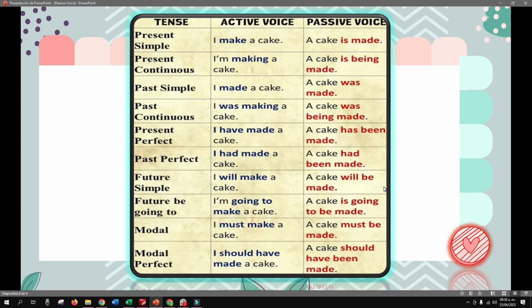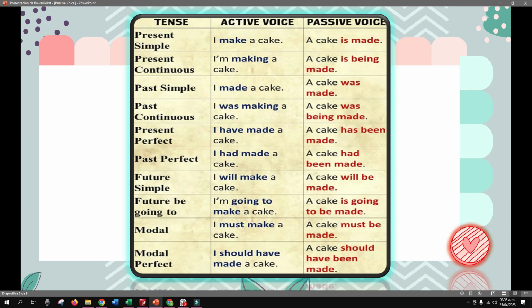So guys, don't forget this. In the passive voice construction, the grammatical subject of the clause receives the action of the verb, right? So don't forget that. I don't know if you have any questions about this one.